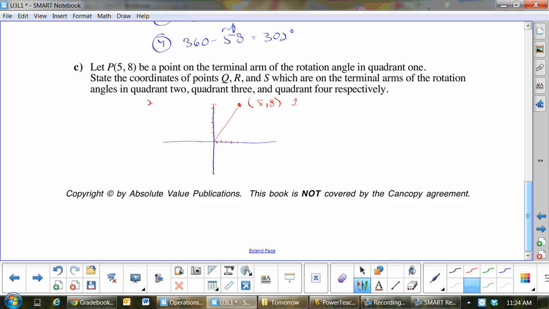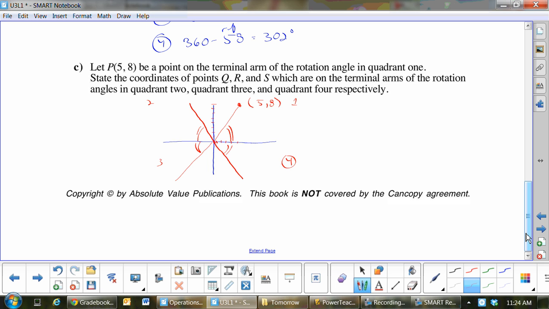It says, give me the same reference angle in quadrants 2, 3, and 4. So what I'm looking for is the same reference angle. So this has to be the same as this. Would have to be the same as this. It would have to be the same as this.